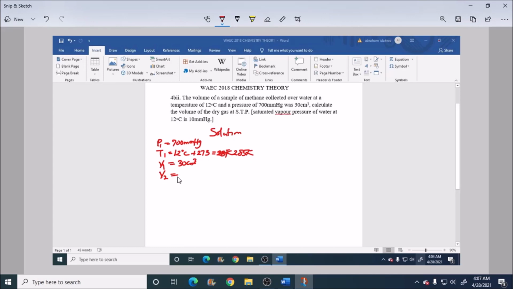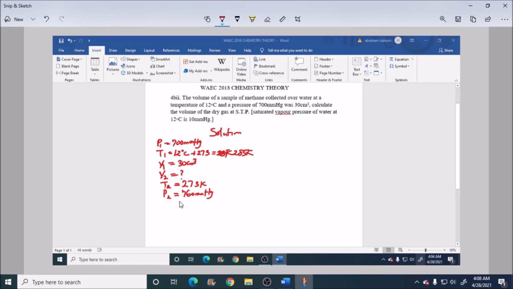So having the STP, it means we are going to use standard temperature and pressure. Then our T2 is going to be standard temperature. So T2 is equal to 273 Kelvin, while our P2 is going to be a standard pressure, which is 760 millimeter mercury.